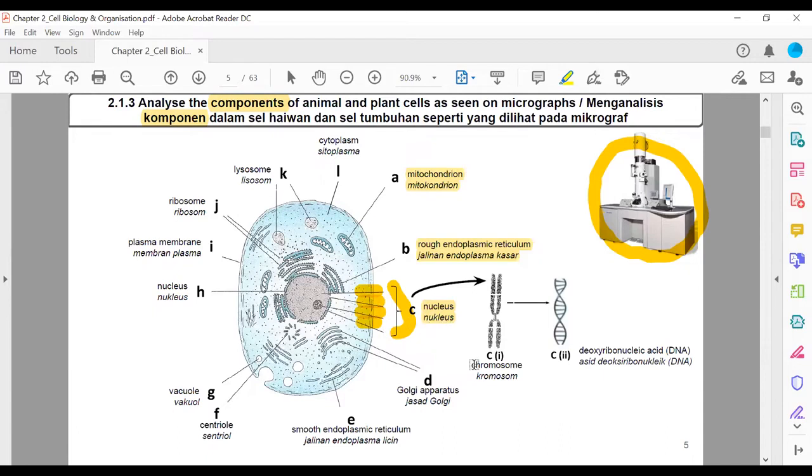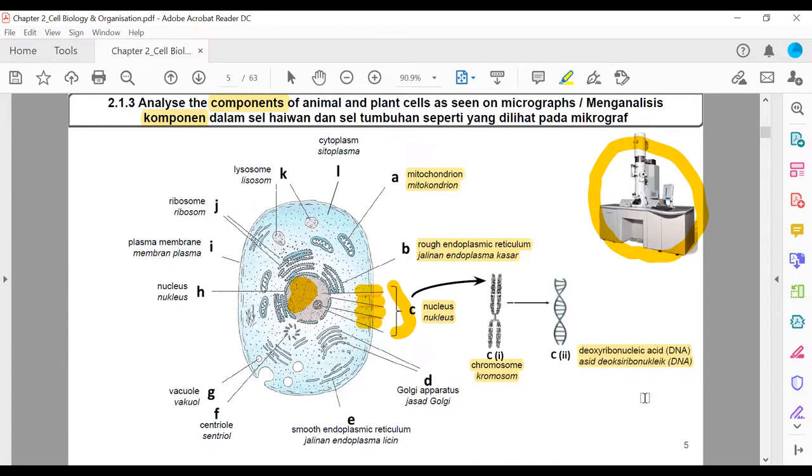Dalam nukleus ada kromosom. What is kromosom? Sabar saja, kita akan tengok kemudian. Dan kromosom bawa apa? Kromosom carries deoksiribonucleic acid, deoksiribonukleik asid yang juga dipanggil sebagai DNA.